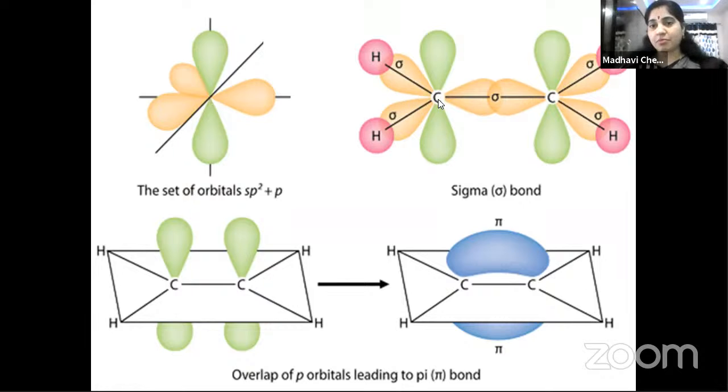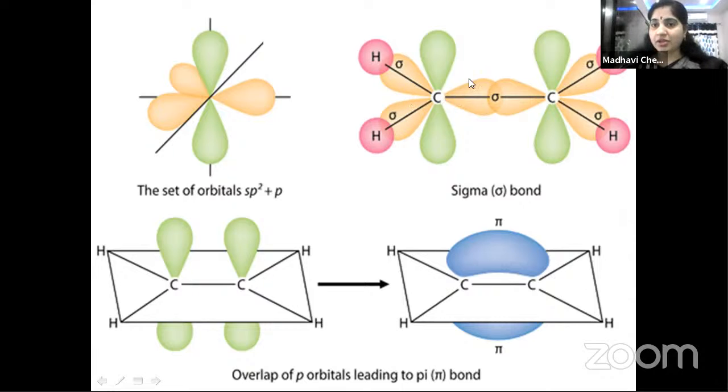Each carbon undergoes sp2 hybridization and forms 3 sp2 hybrid orbitals. The sp2 hybrid orbital of this carbon and the sp2 hybrid orbital of the other carbon overlap and form a sigma bond, and then each carbon has 2 more sp2 hybrid orbitals. Is it not, children?